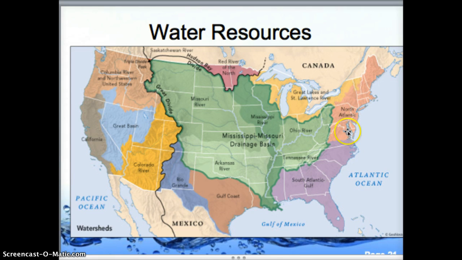All this area at the north goes into the North Atlantic Ocean. These just feed into, of course, the Great Lakes. This feeds into the Columbia River area. This is known as the Great Basin, and it's kind of unusual in that there's really no drainage going on there at all. And this is the Colorado River and the Rio Grande area. So you can see how those rivers that we talked about earlier pretty much usually name the drainage areas or watersheds.